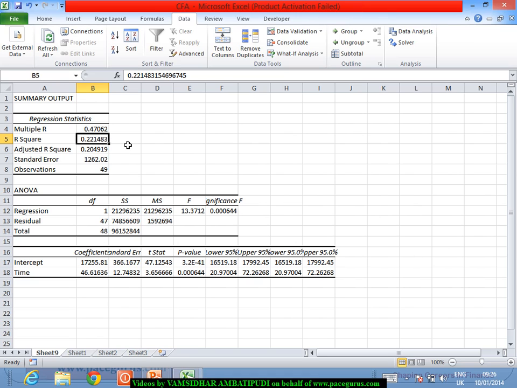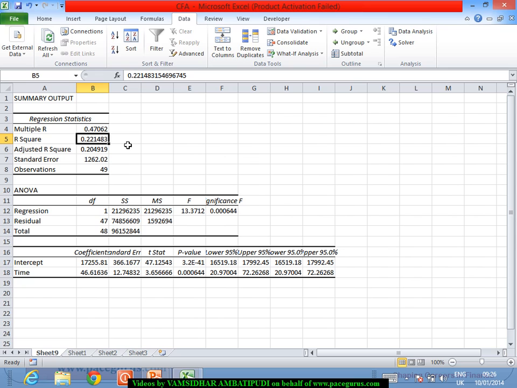Probably if I can get a better model, it would be more and more preferable, but it is not something that can be ignored, because we are seeing that time is a decent factor. Time is a statistically significant variable in the determination of the value of the sensex.